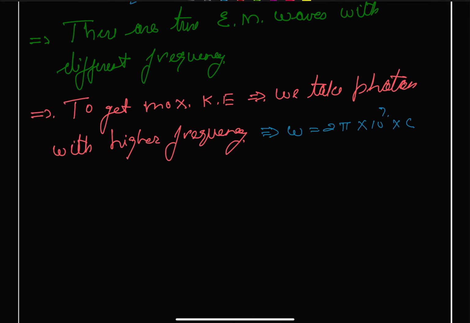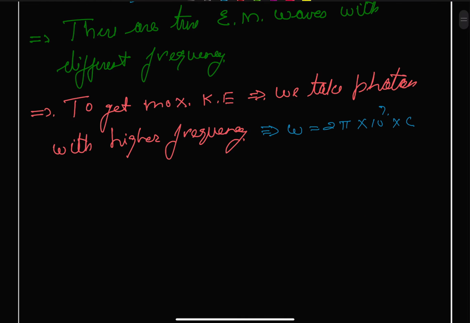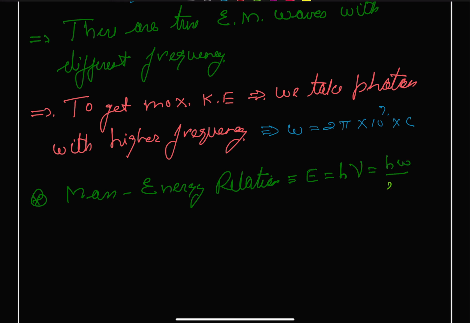And so we can find out energy, and we can say that according to Einstein's mass energy relation, we can say our E is equal to h multiplied by frequency, that is our nu, or in terms of omega it can be written as omega upon 2 pi.